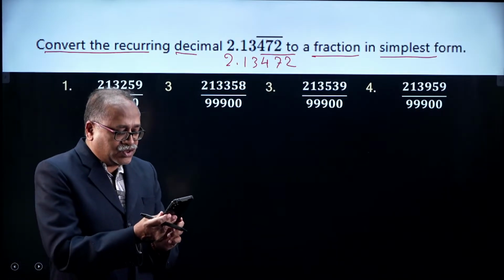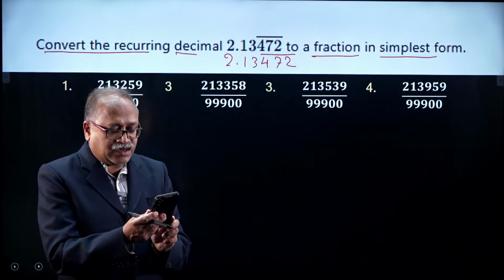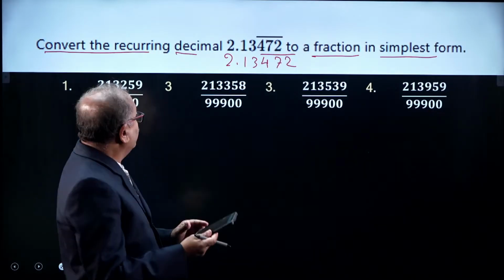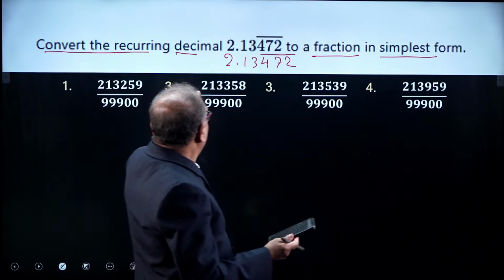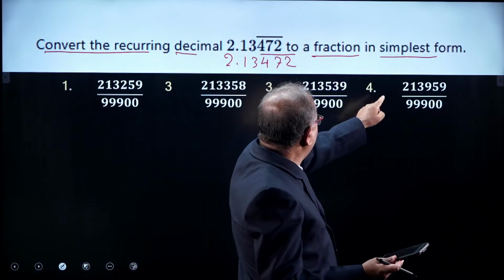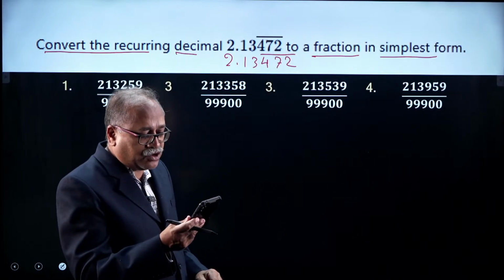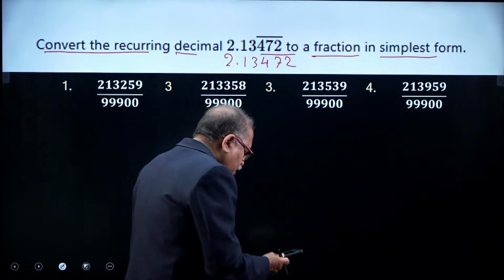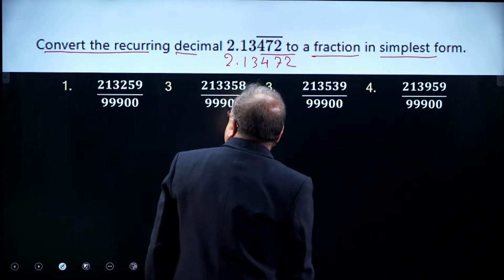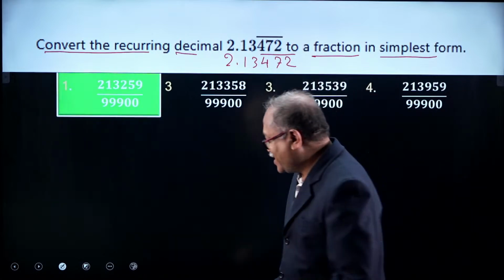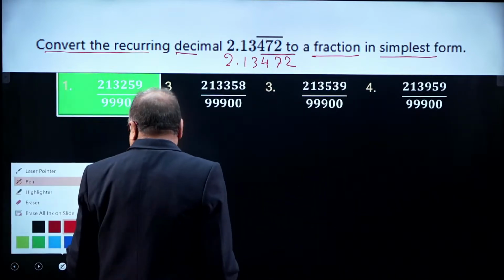Pandu has said 21, 35, 9. Appal Naidu has said, Rakesh has said option A. Let me check that. That's right, option A.